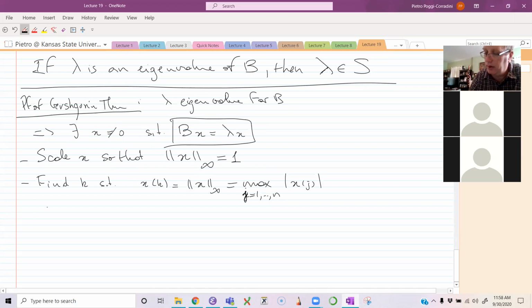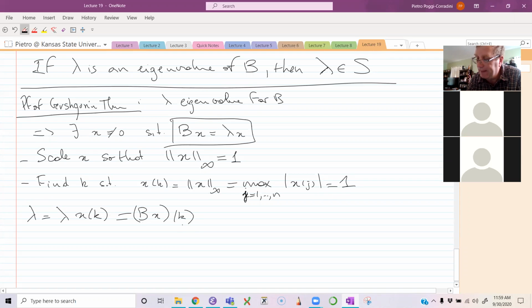All right, so on the left, we have lambda xk, but xk is 1. So we have lambda equals lambda xk, so this is 1. And then this is the same as Bx.